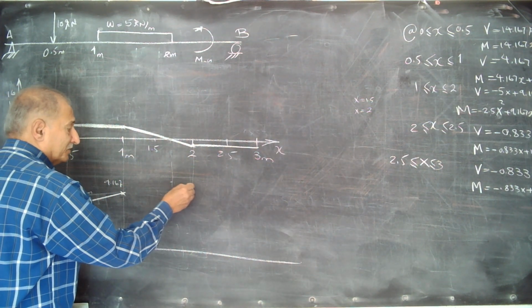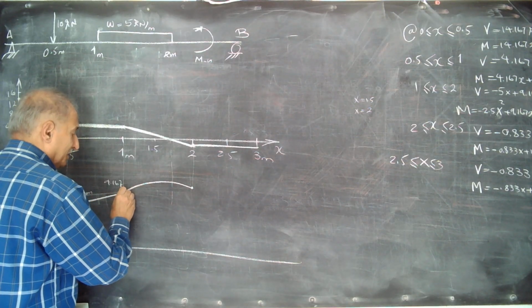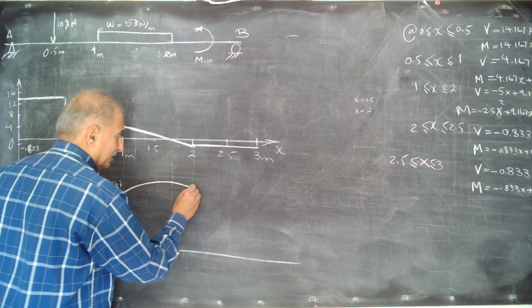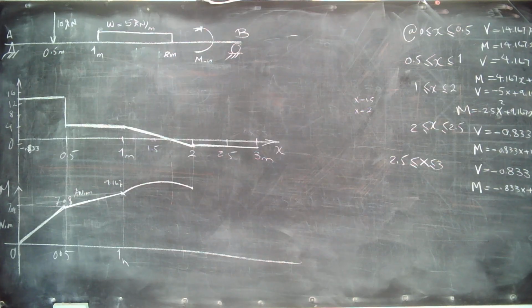But 1.5 is larger, it is similar to this. If you want the exact value, find the actual value. That's the shape of the bending moment of this one.